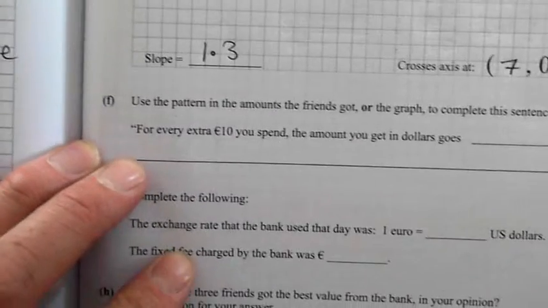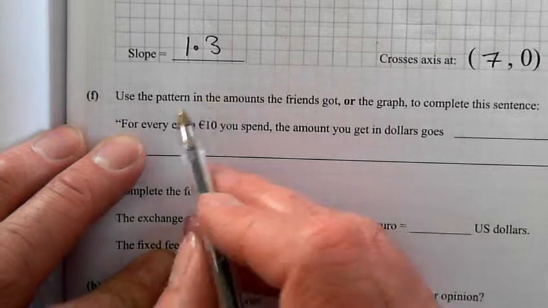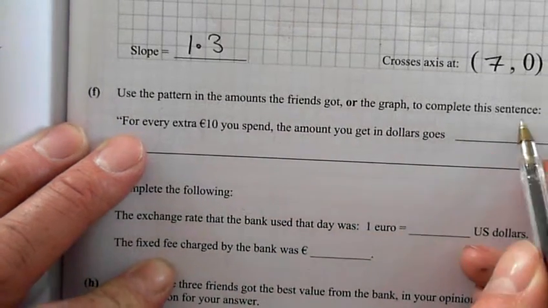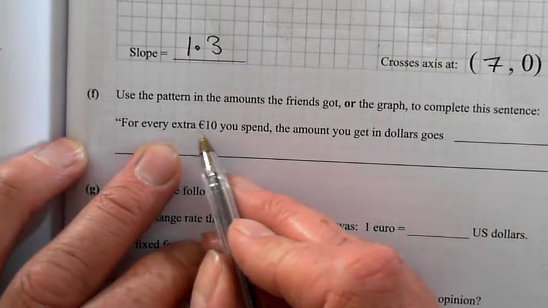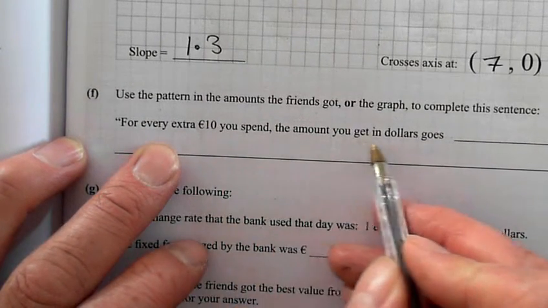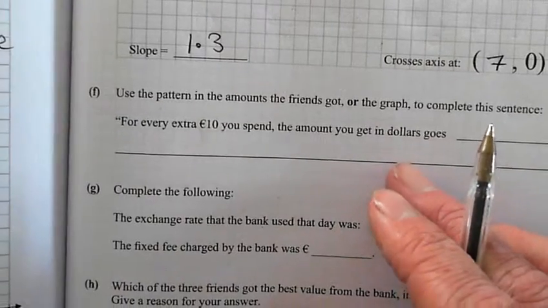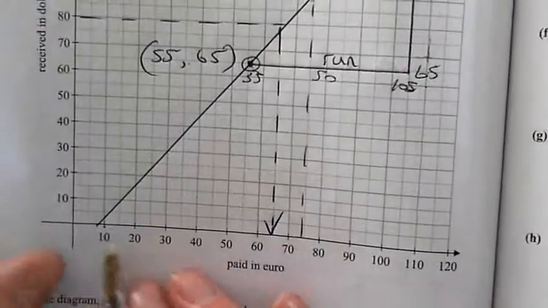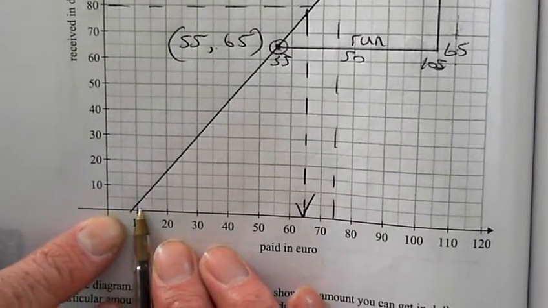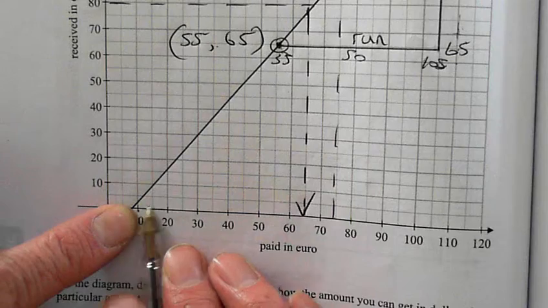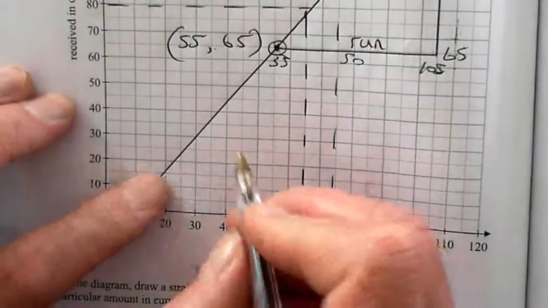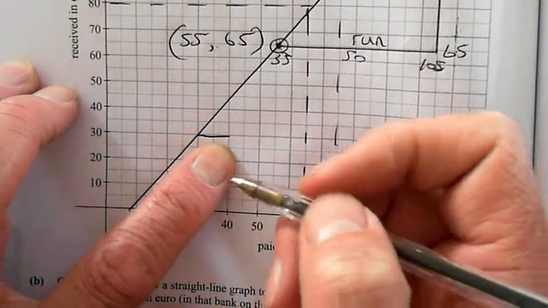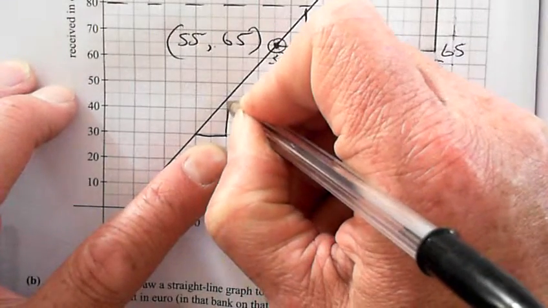Right. The next bit of the question. Use the pattern in the amounts the friends got for your graph to complete this sentence. For every extra 10 you spend, the amount you get in dollars is... So for every extra 10, if we use the graph here, how many extra dollars?